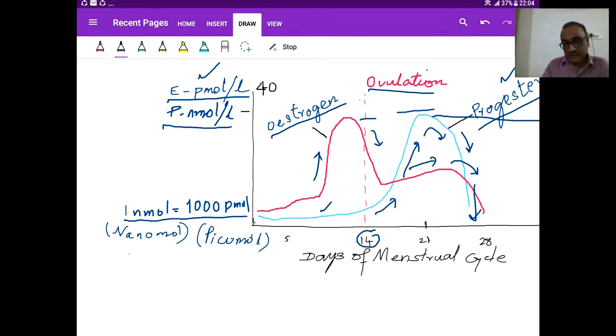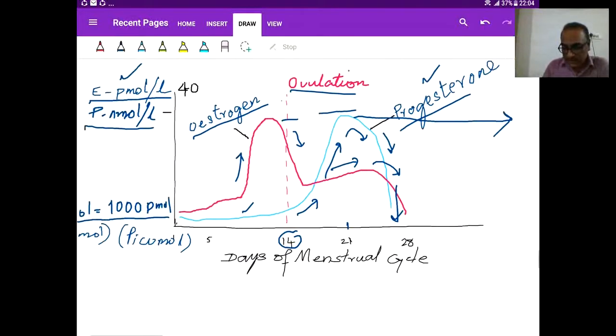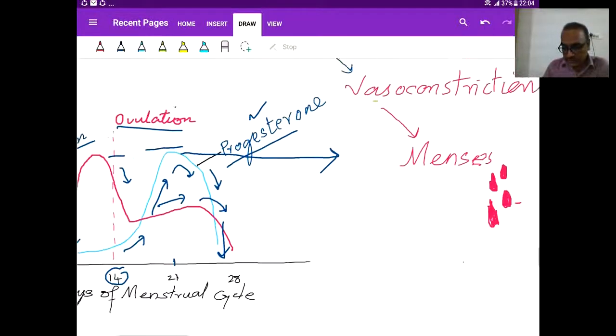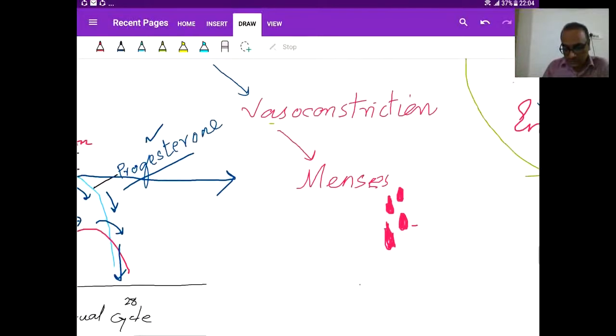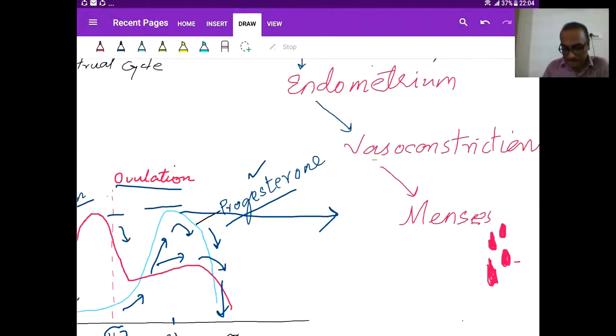Now let us see the regulation of the menstrual cycle by various hormones and their levels. Let us look into it further in detail.